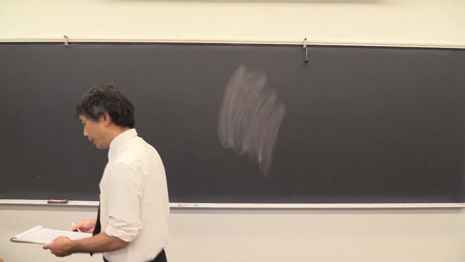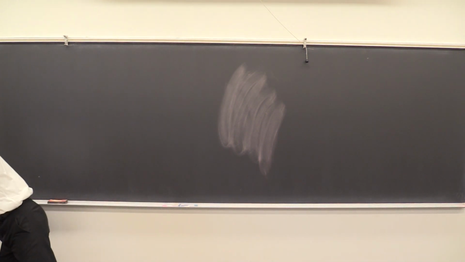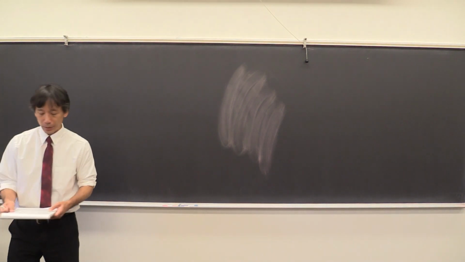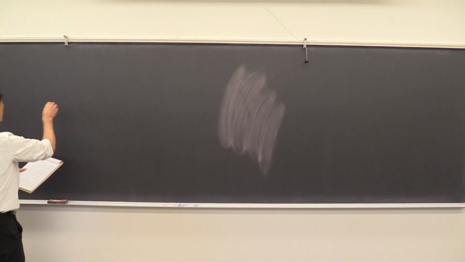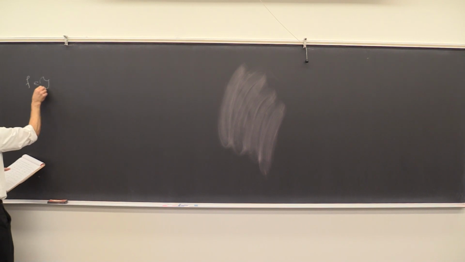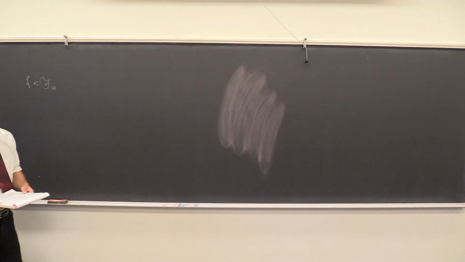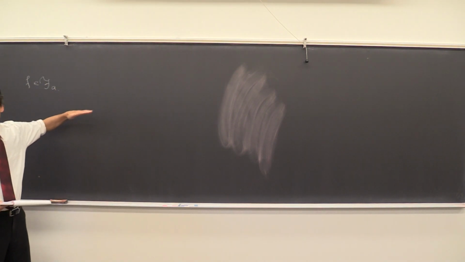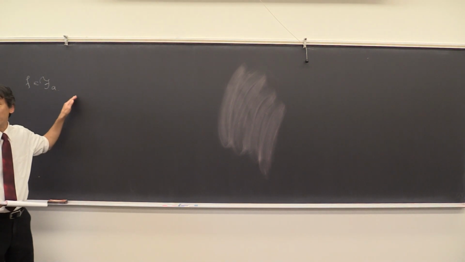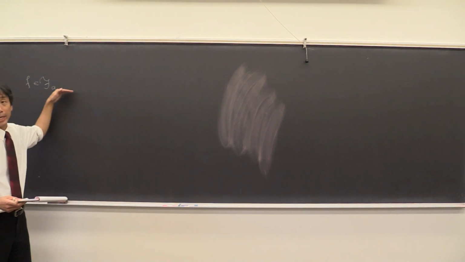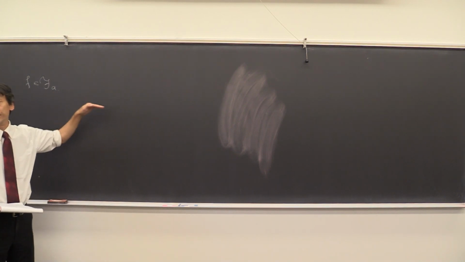Okay, and so what we finished with last time was this thing that said that if you have a function that's in F sub a, right? And remember, F sub a means you're holomorphic in the strip, and you've got a uniform moderate decay along every horizontal line in the strip.